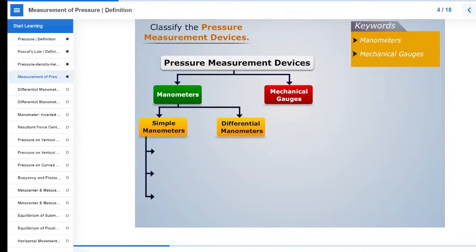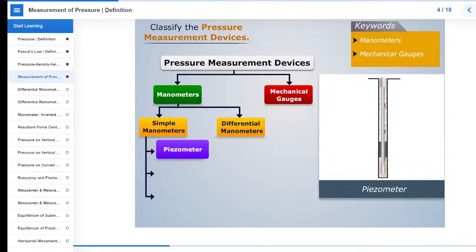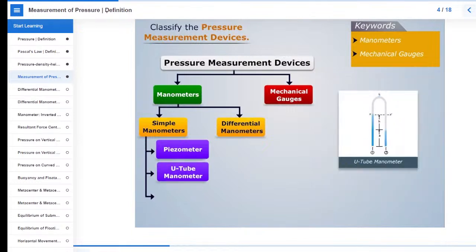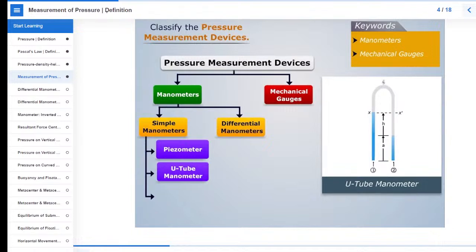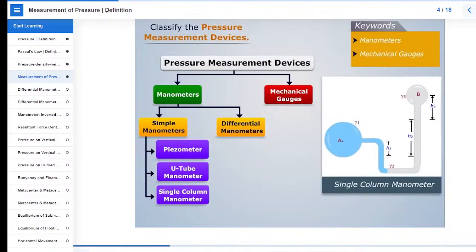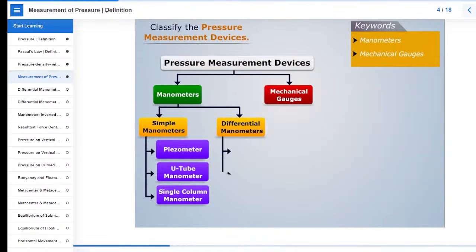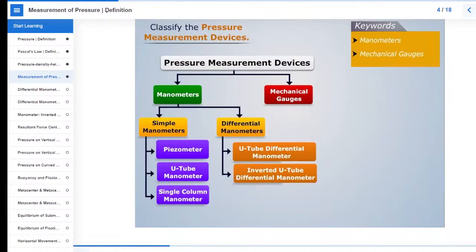Simple manometers are further subdivided into piezometer, U-tube manometer, and single column manometer. Differential manometers are further divided into U-tube differential manometer and inverted U-tube differential manometer.